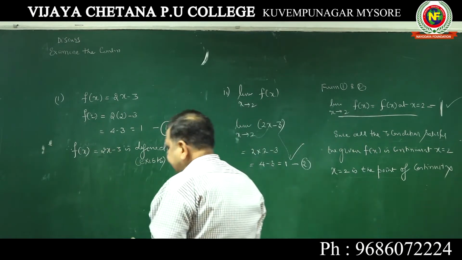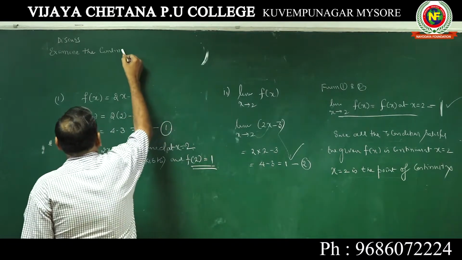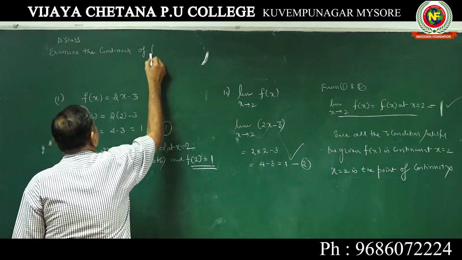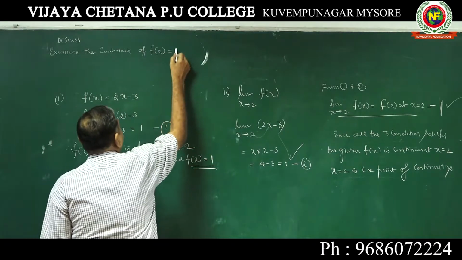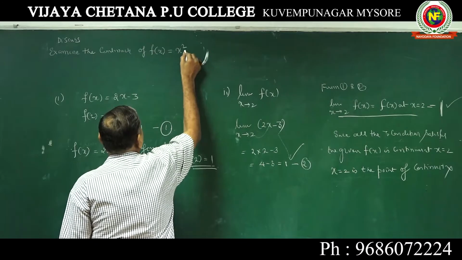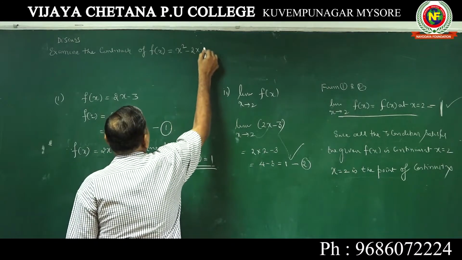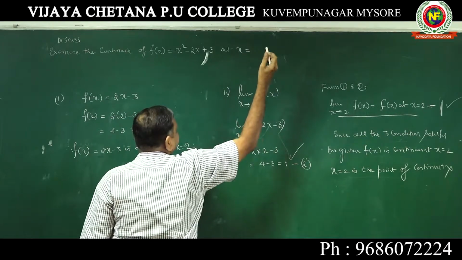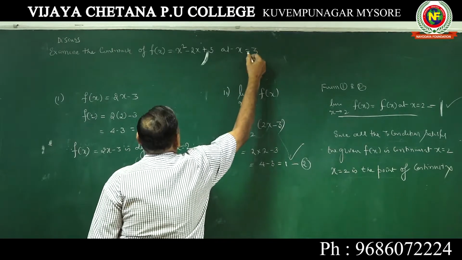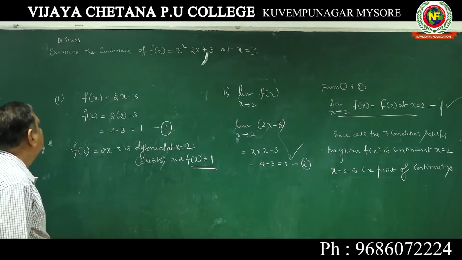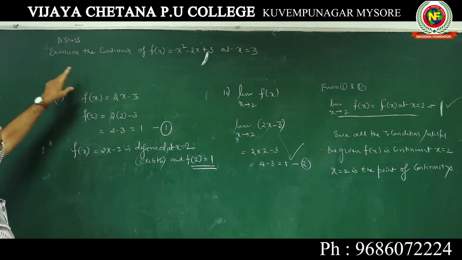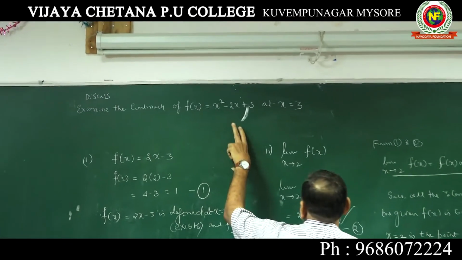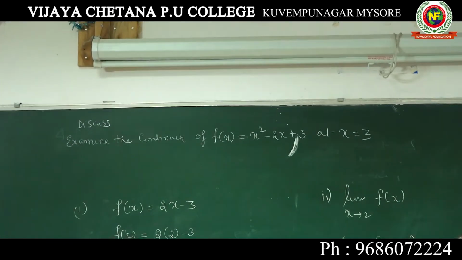Understood? Examine the continuity of f of x is equal to x square minus 2x plus 3 at x equal to 3.